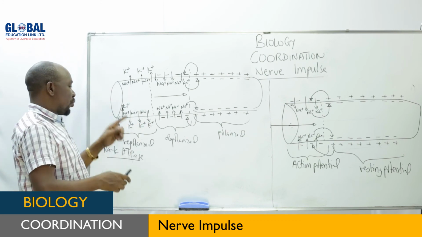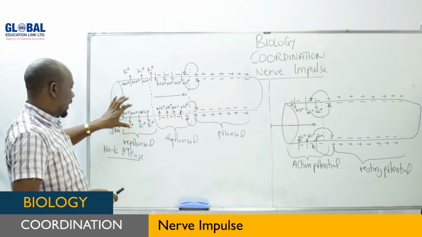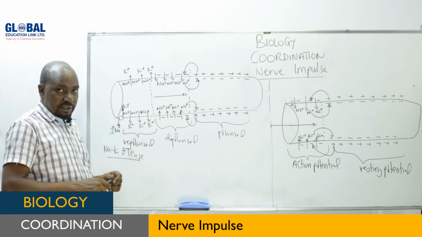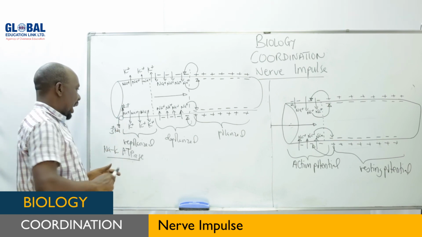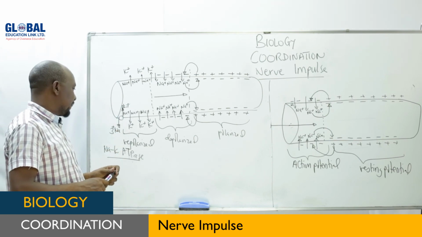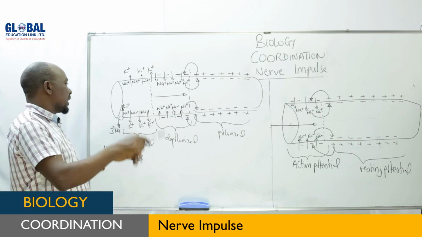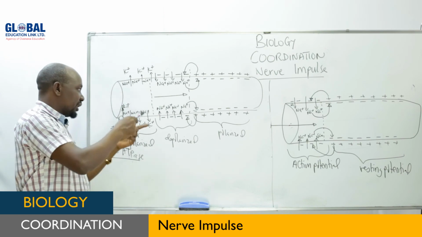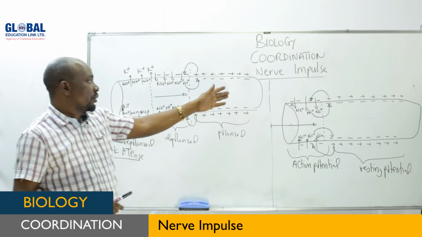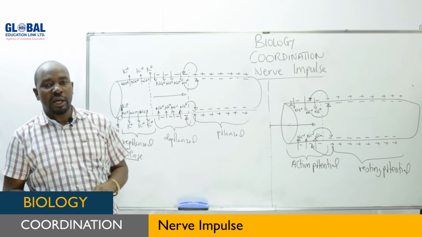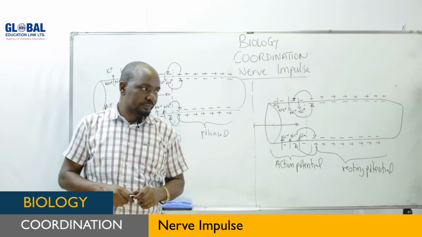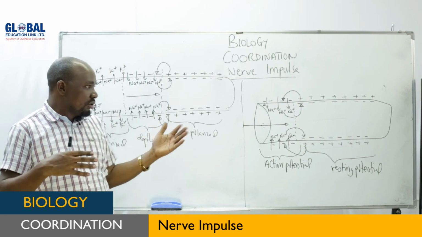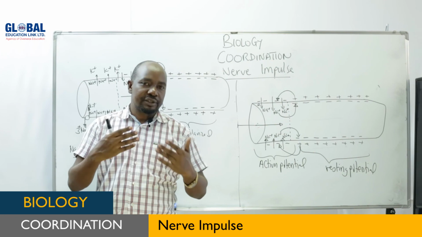Then after the repolarization, the active pump, the sodium-potassium pump, is activated, which takes all the sodium ions outside and the potassium inside to restore the normal state of the axon plasma.